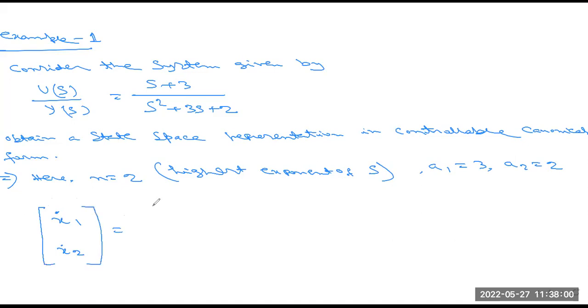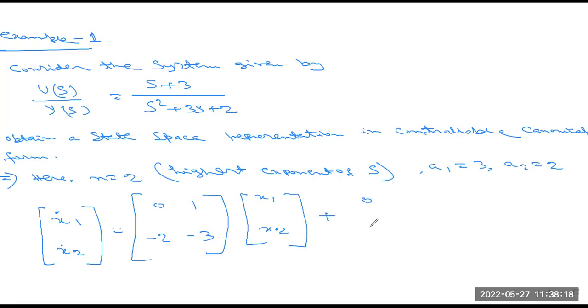So this is in the form 0 1, minus 2 and minus 3 in matrix form for the x1 and x2. Another one is also 0 and 1 for u. This is for the state equations for the input terminal.